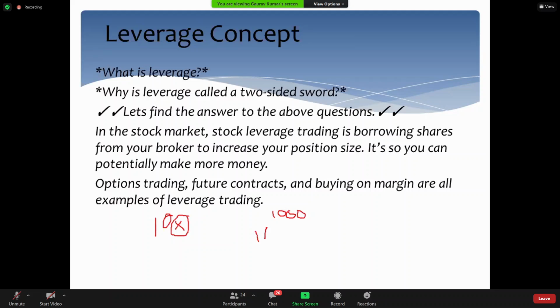With 10x leverage, your capital becomes 10,000 rupees. You can trade with 10,000 rupees for intraday. Only in intraday can you trade with this amount. Okay, fine. First, just tell me if you got the basic idea of leverage.